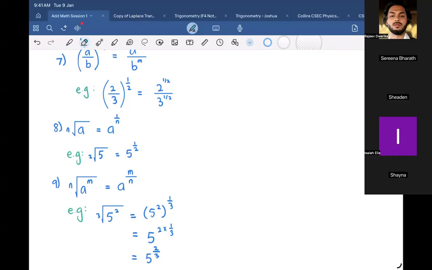Now the hard part with this, so watch. You had 3 to the power x is equal to 3. Ladies, what would I have to raise 3 to get 3? 3 to what power is 3? 1. Right? So x would be equal to 1 and this one is real easy. Okay. But ladies, if I asked you what I had to raise 3 to get 5, do you know what that is? Yeah or no?